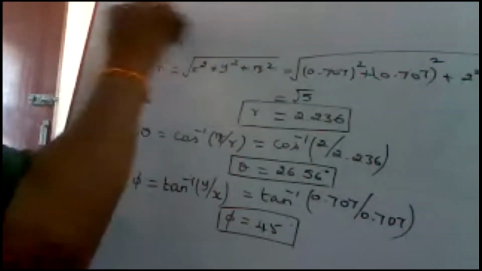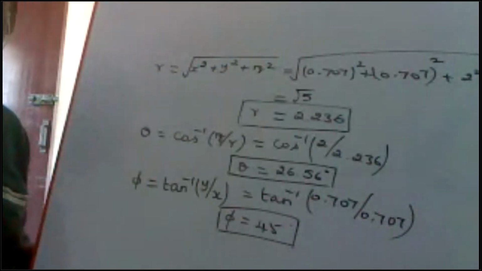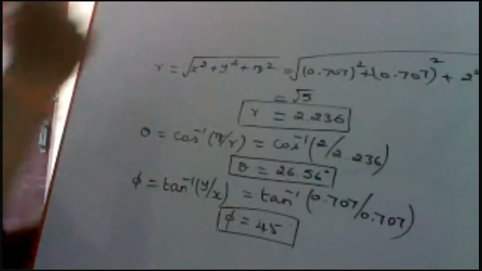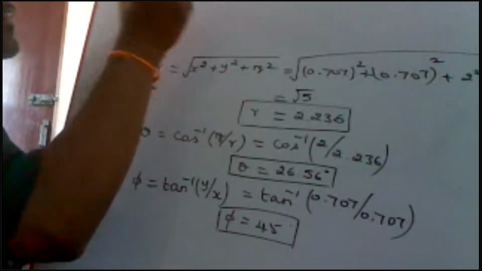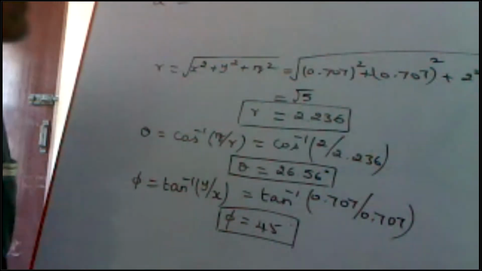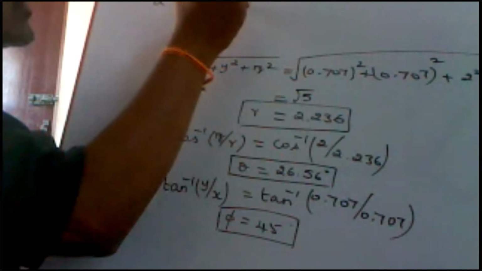So what is the formula for finding distance between 2 points? Sir, root of h2 minus h1 the whole square, that formula. Yeah, that's it. Very good, Divya.